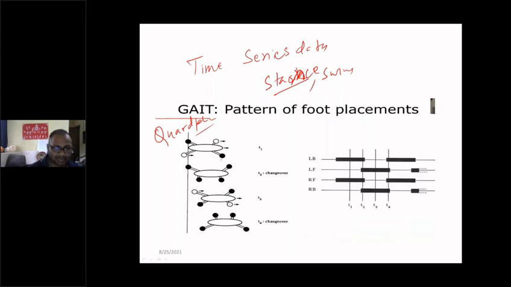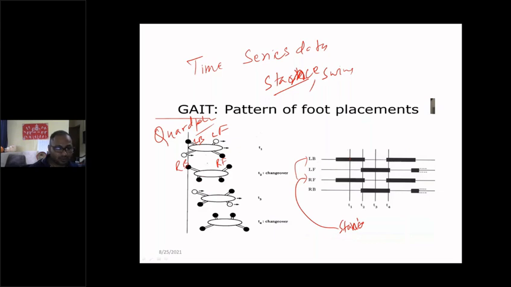So when the foot is on the ground, the black bar is showing the stance phase. It is represented by the stance phase of which leg? Right foot and left back. This is left front, left back. This is right front and right back. In this case, your left back and right back are on the ground at time t1. When you are changing over, your foot is going to change from left swing to right swing. Again, all 4 feet will come on.